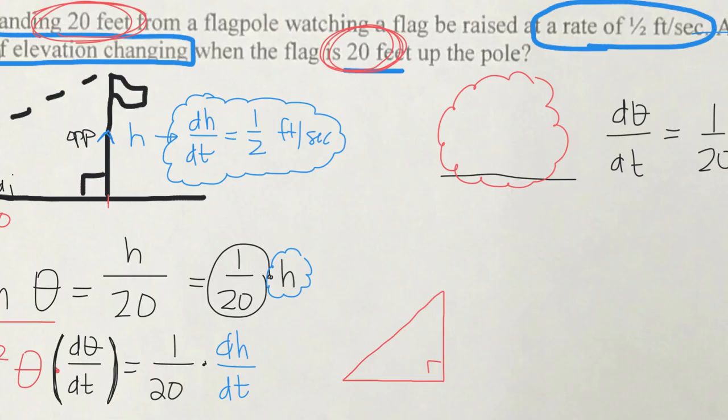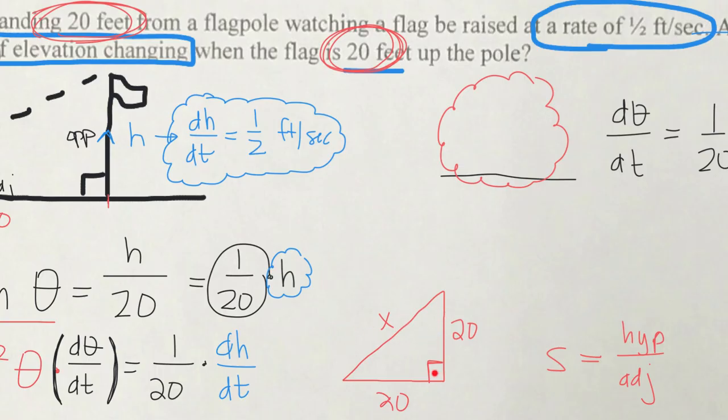Right, we know that Connor is 20 feet away, and the flag is 20 feet up the pole. So what is our hypotenuse going to be? Because remember, secant is a ratio of the hypotenuse over the adjacent. So we have to calculate the hypotenuse. We can of course use the Pythagorean theorem, 100% correct, or what kind of special triangle do we have here?